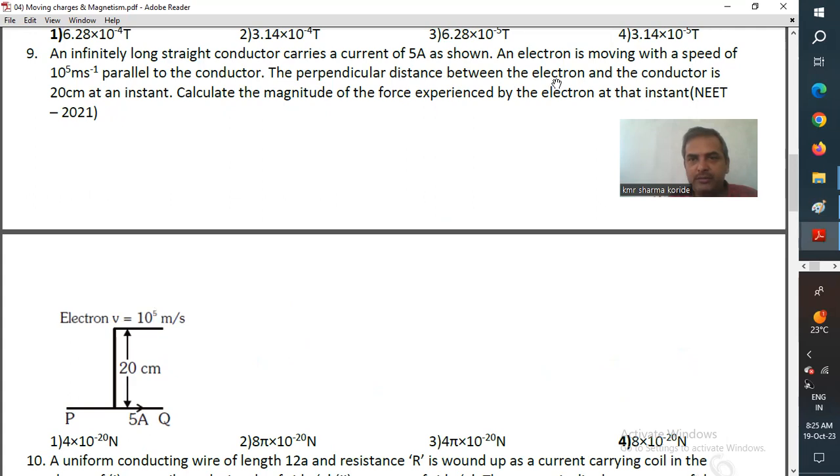So this is the diagram related to the question. The perpendicular distance between the electron and the conductor is 20 centimeters. So in this direction the electron is moving. Calculate the magnitude of the force experienced by the electron at that instant.